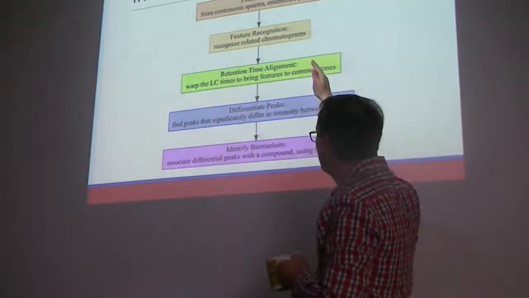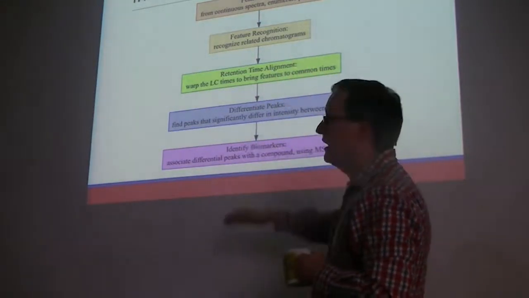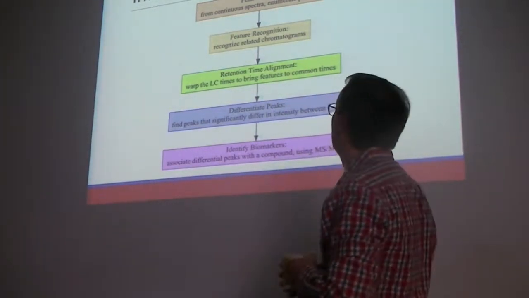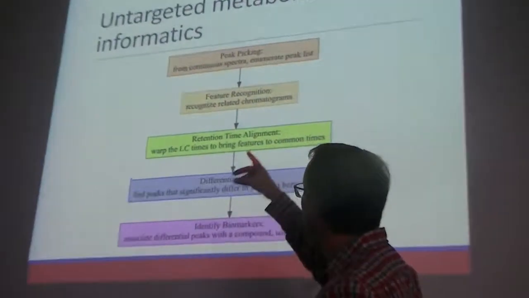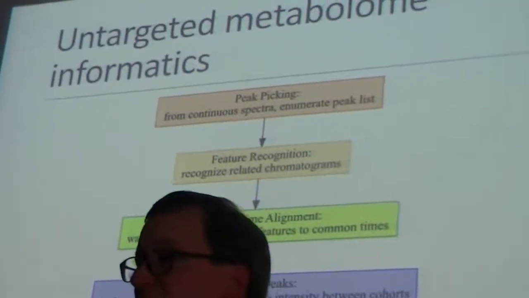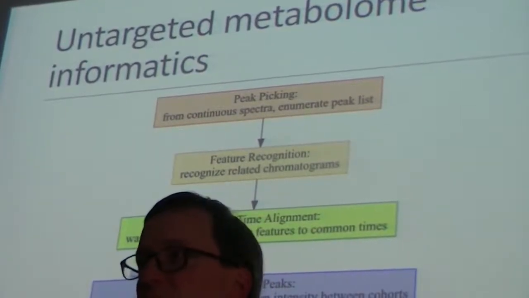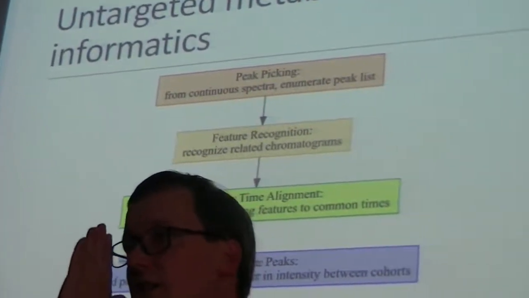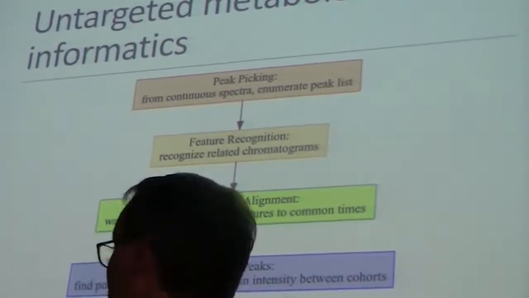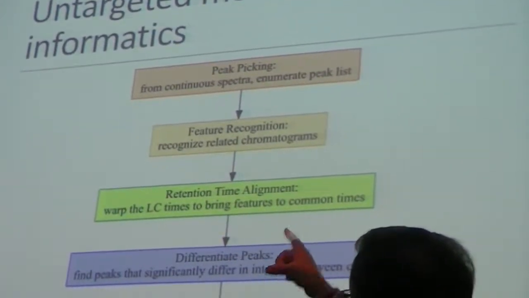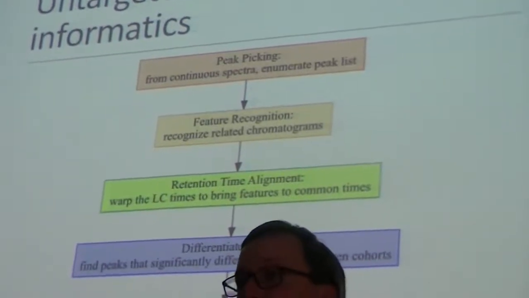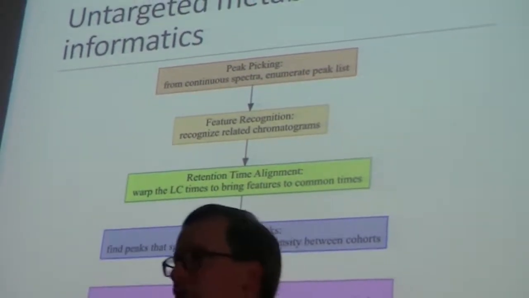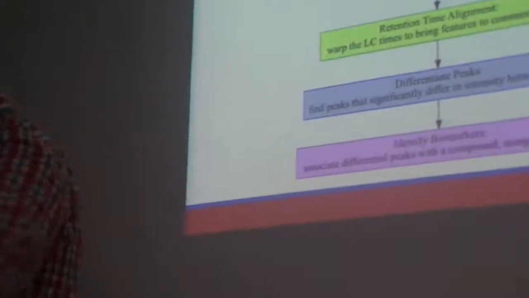And this is kind of the workflow that I envision for an untargeted metabolomic study. We start with peak picking. This is something that I emphasized a lot because this was what my area of research covered. How do we do the signal processing to get very stable values out of our mass spectrometry data? Feature recognition, being able to recognize chromatograms out of these data. And remember, the chromatograms are not measured continuously.